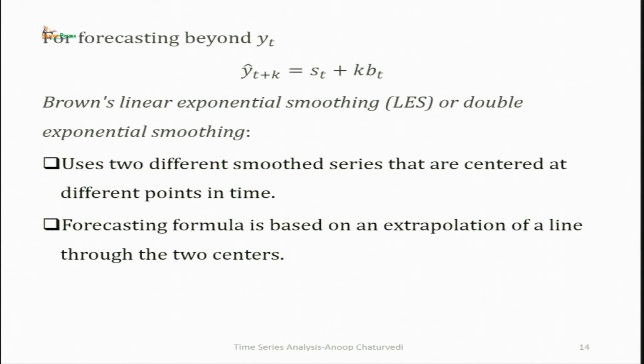For forecasting beyond y t, you have y hat t plus k equal to S t plus k times B t. Now, this term is because of trend. So, you are adjusting the forecast for trend.